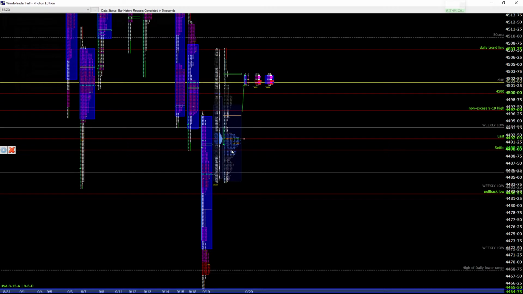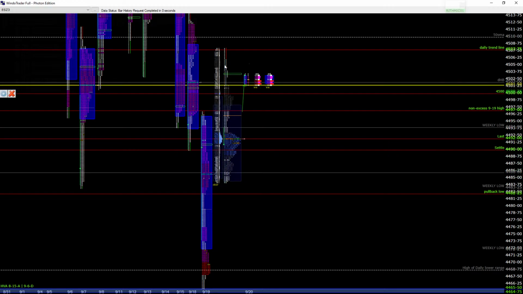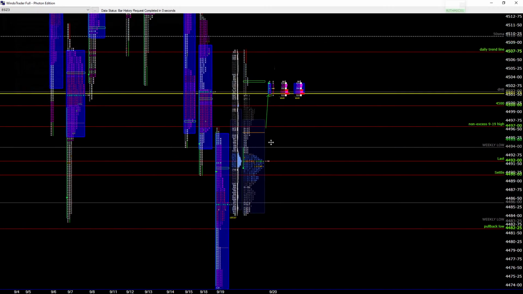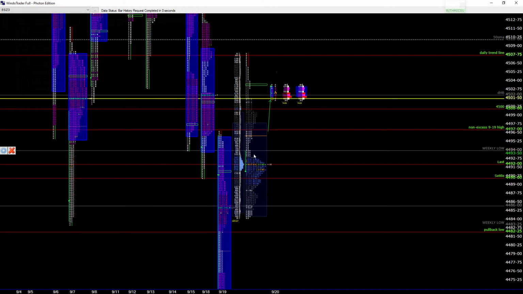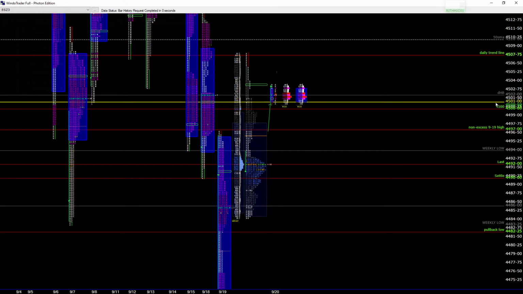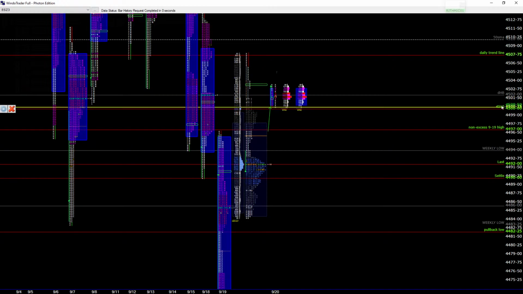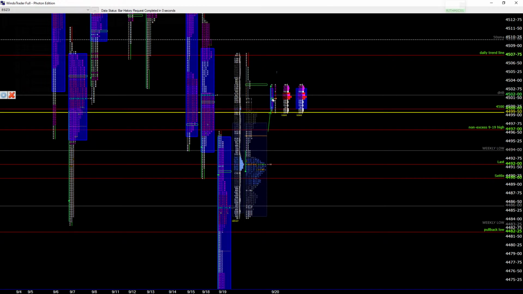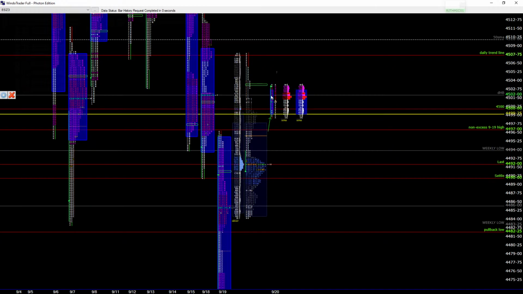Settle is down here. Inventory, you can see there's a good amount below settle and a good amount above settle. It's long. Inventory is long. Now we have the 4,500 here. This is a peculiar situation. This low or this high has been repaired.